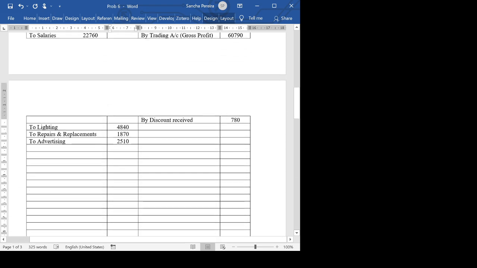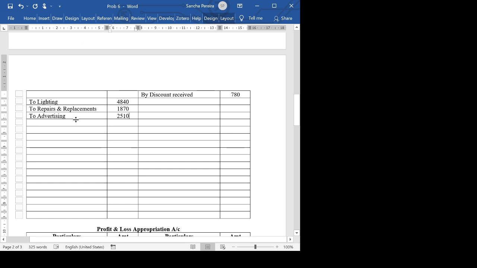Bad debts 390. There's prepaid advertising, sorry, I forgot about that. Inner column because there's an adjustment. To bad debts, 390.